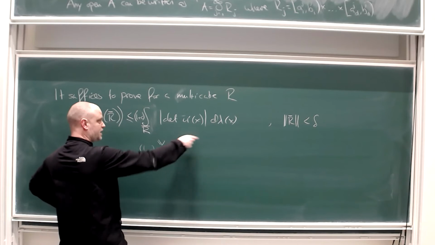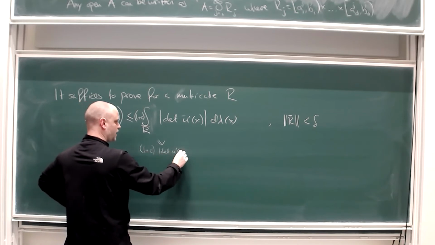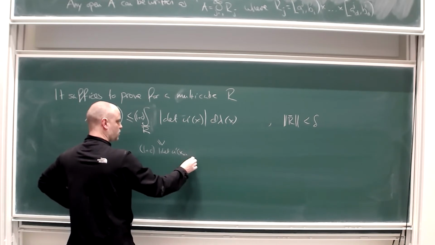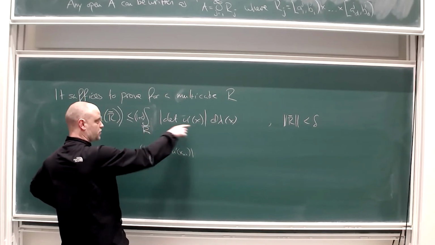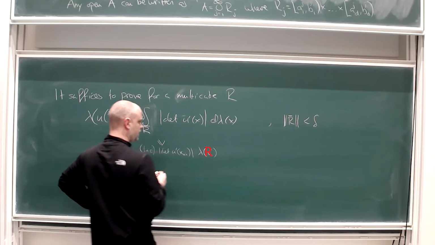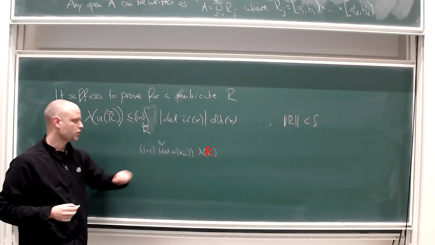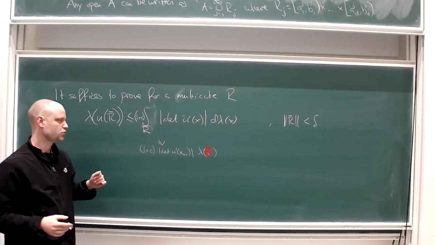And then I can replace this integral with the determinant of U prime of x min, let me call it. So the value where this gets its minimum, and then I just integrate a constant instead, so then I get lambda of C here. So I can always pick a point, yeah, because on a compact set, any continuous function assumes its minimum.